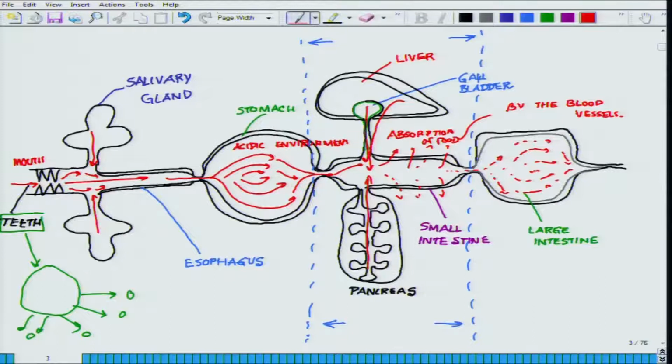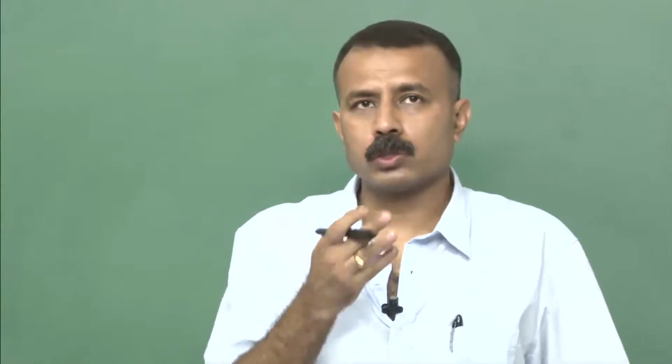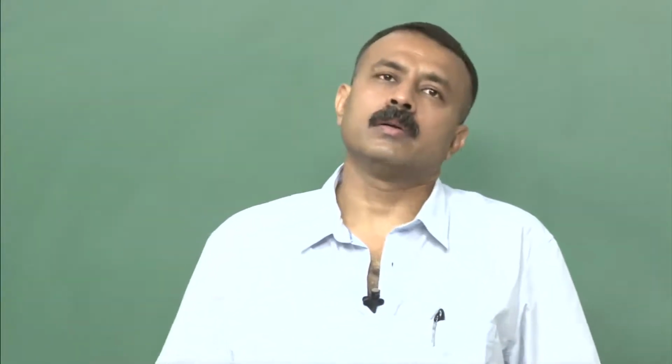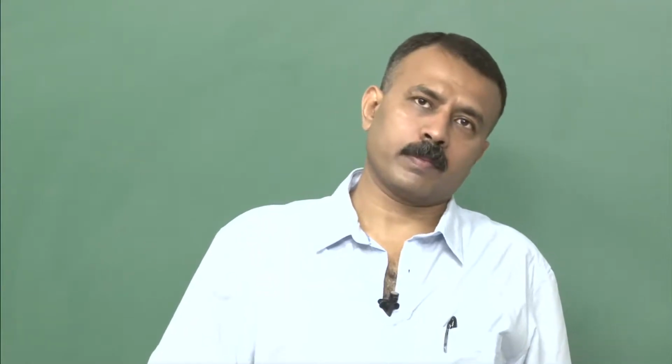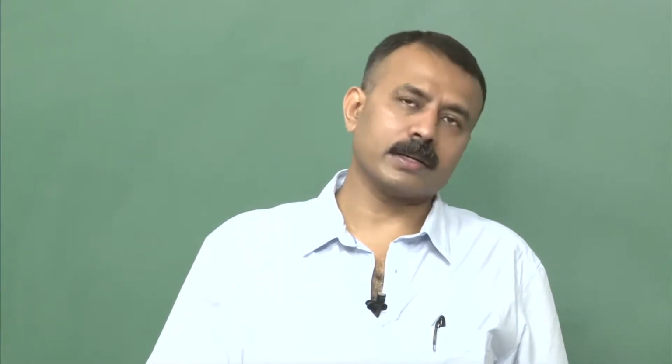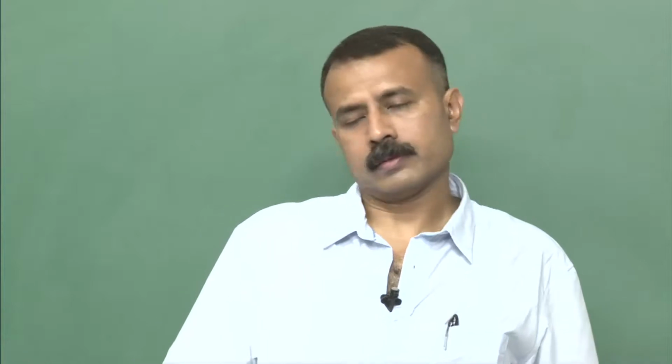The major idea of the large intestine is to absorb the residual minerals and all other things which have not been absorbed in the small intestine. So, this is the last frontier, and after that, through the anus.